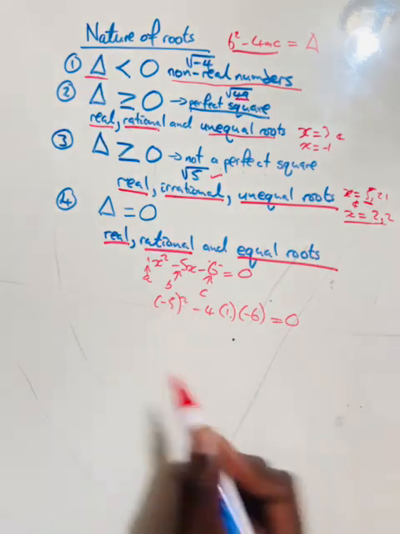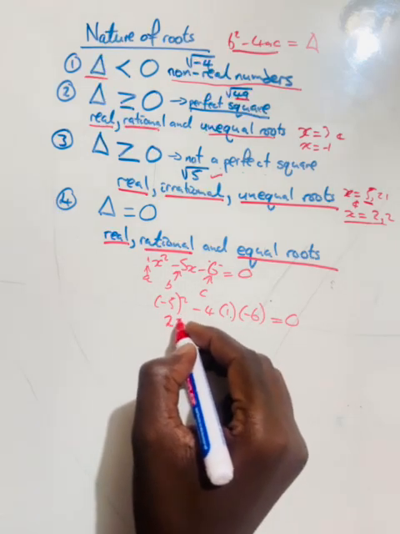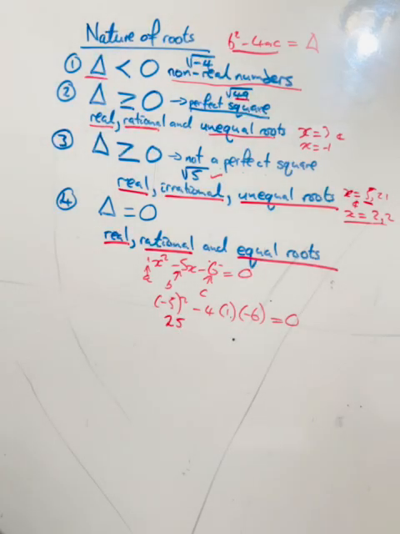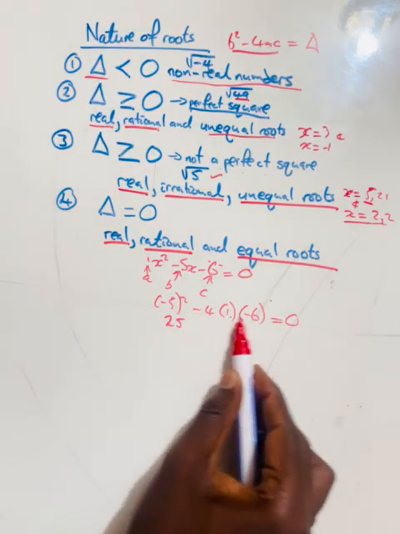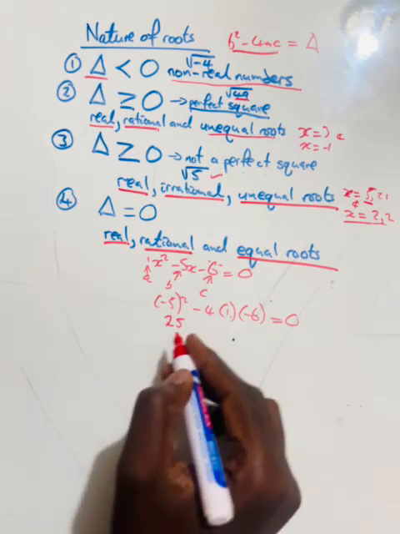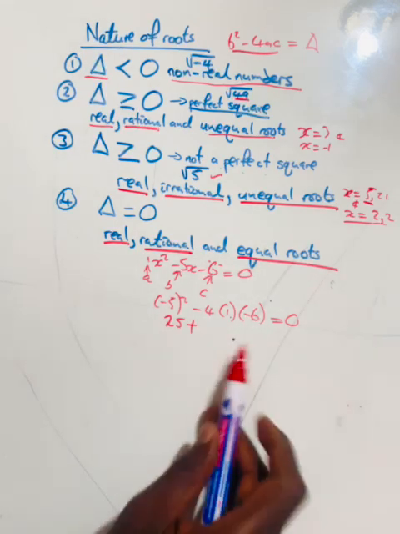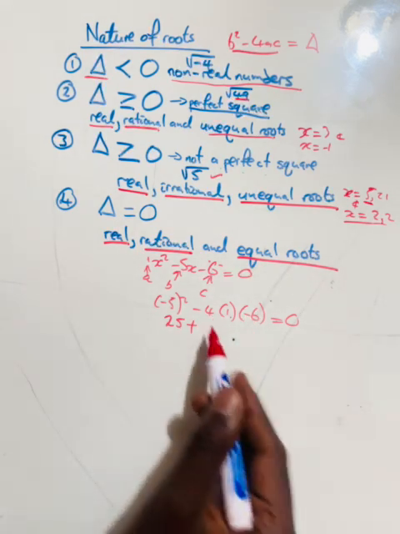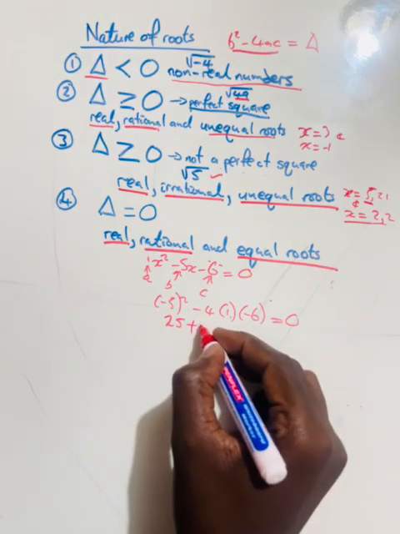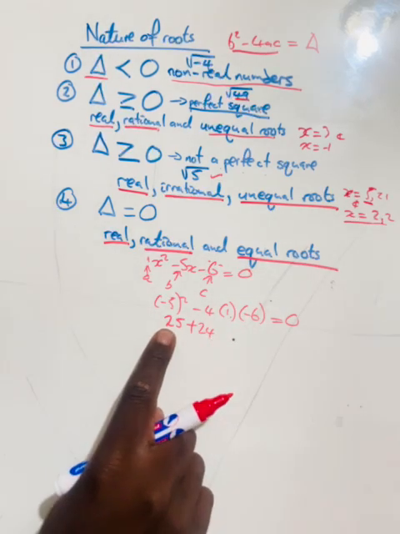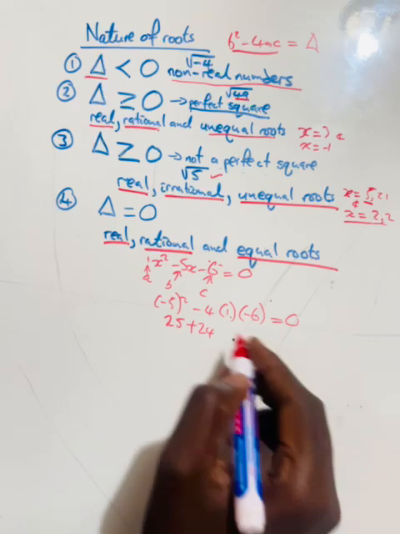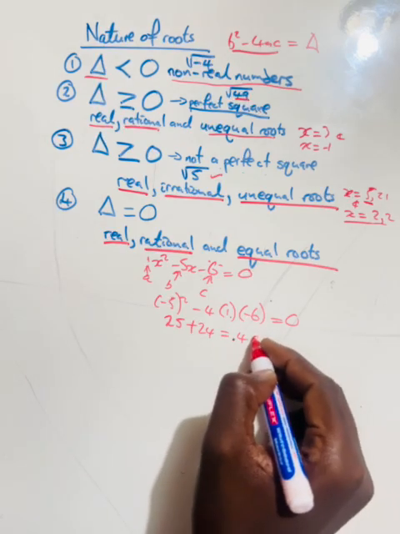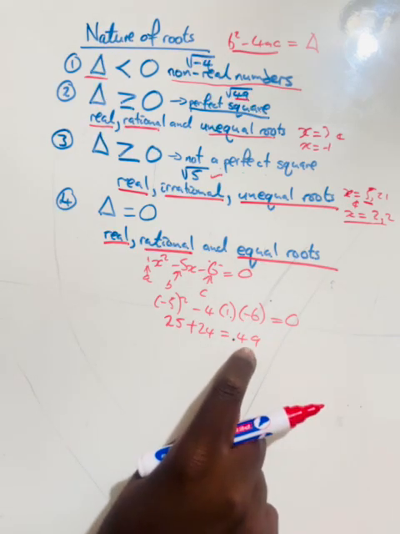When I say negative 5 squared, I get 25. When I say this negative sign multiplied by that negative sign, I get a positive. When I say 6 multiplied by 4, I get 24. Multiplied by 1 is still 24. And when I say 25 plus 24, I get 49. So this is equal to 49. Now, 49 is what?